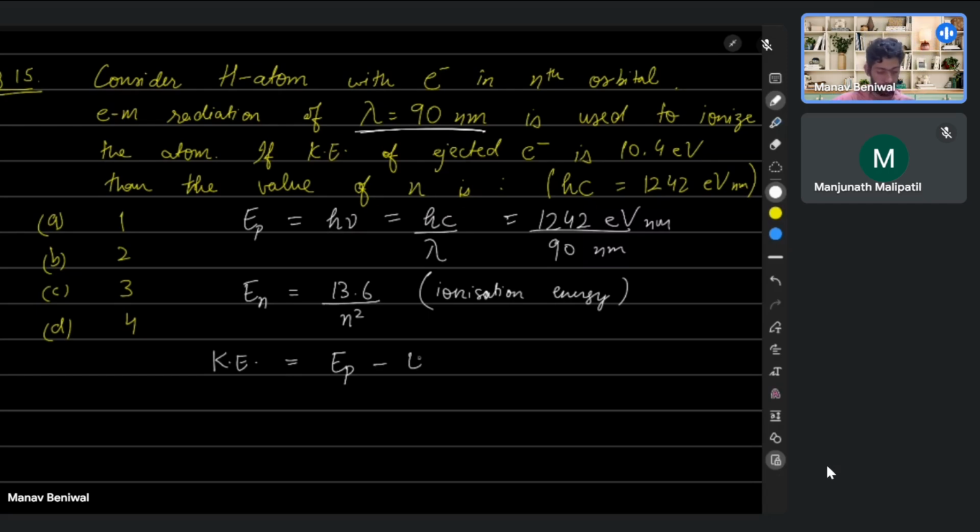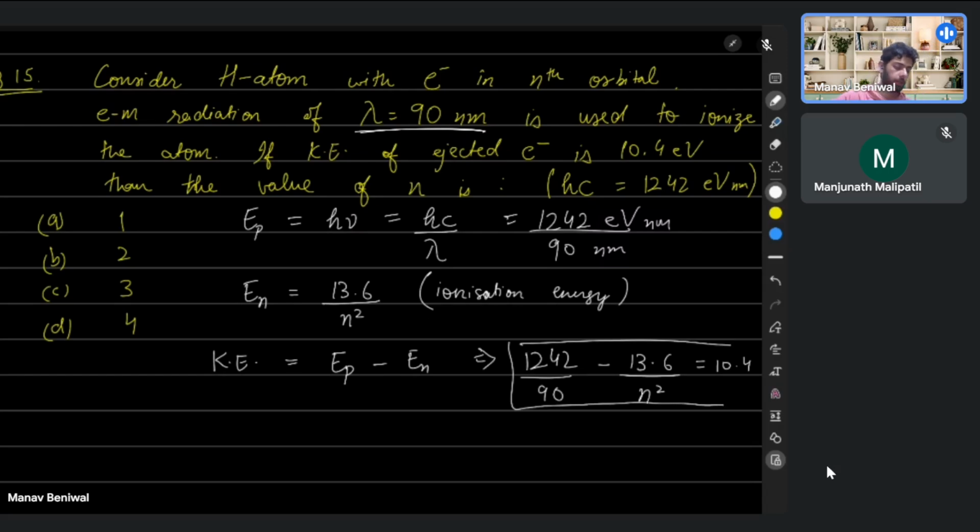This will be Ep minus En. Now we can write this as 1242 over 90 minus 13.6 over n squared. And what is the kinetic energy that is given to us? That is given to be 10.4 eV.